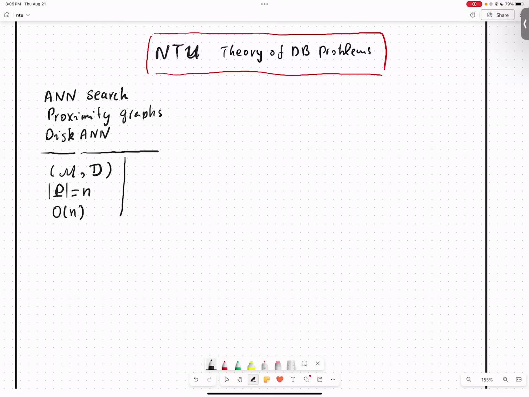As long as you give me such a pair, I can always construct a data structure such that in the worst case, I can answer a query by evaluating less than n distances. Once again, if I dare to make that claim, I must be lying. Next week, I'm going to give you a lower bound argument showing that this is impossible.